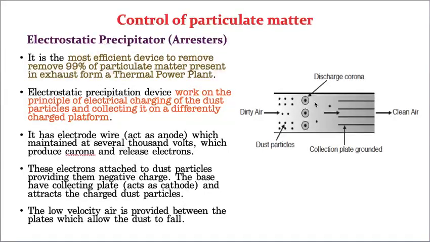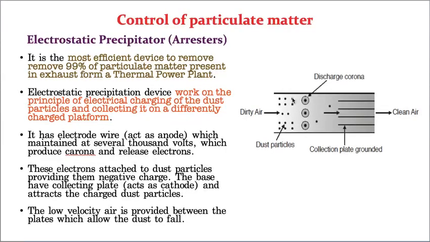When the air consisting of dust particles passes, every electron binds to one dust particle. One electron, one dust particle, one electron, one dust particle. Like that, all the electrons released by this corona get attached to the dust particles.